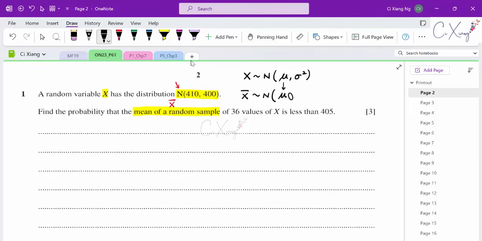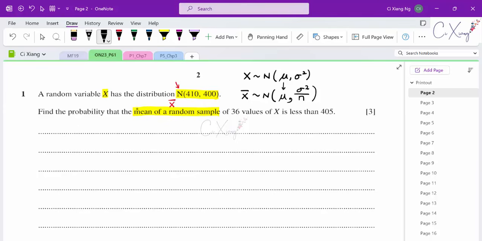And for the variance of the sample mean, we take the variance of the population divided by the sample size. So it will be sigma squared, the variance of the population, divided by n, where n is the sample size. This is some very basic idea on sampling distribution.